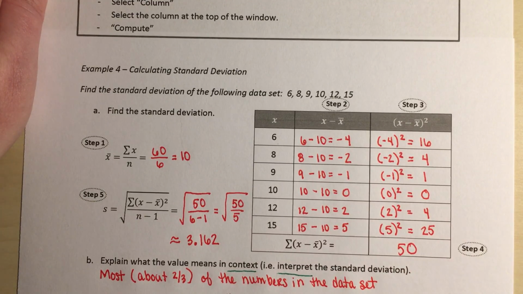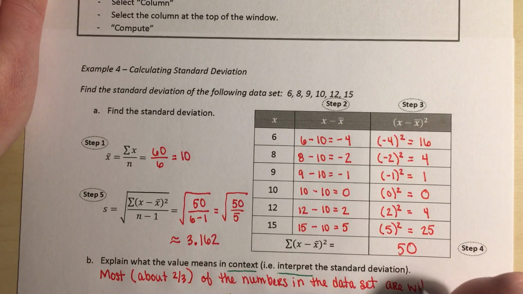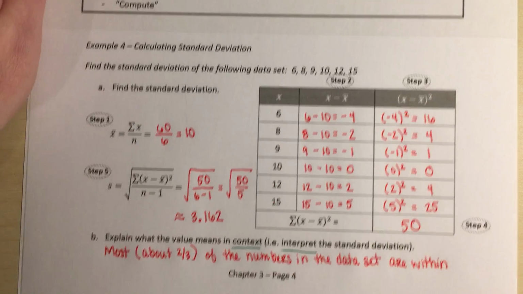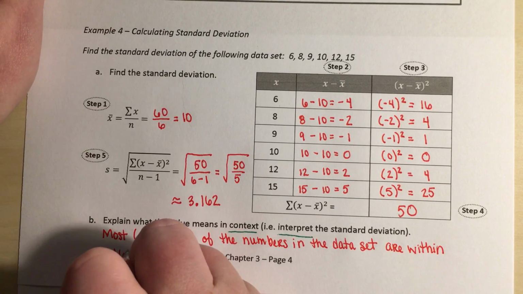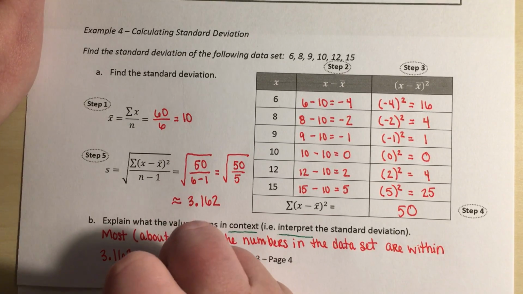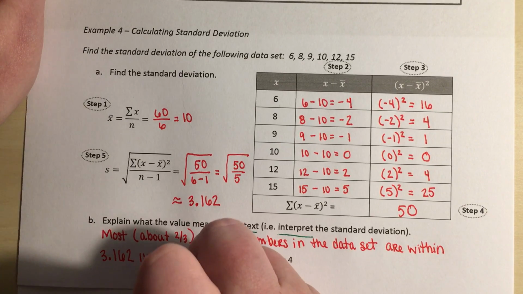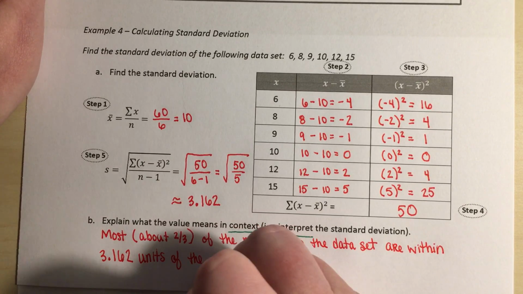If we were talking about something more specific, if we were talking about ages or something like that, we would put ages in there instead of numbers. Right? But about 2/3 of the numbers in the data set are within 3.162 units of the mean.